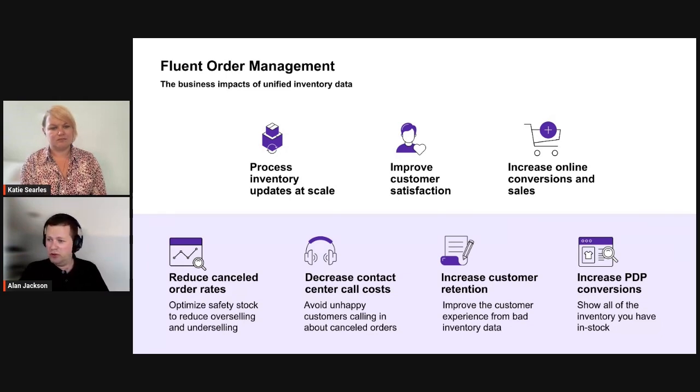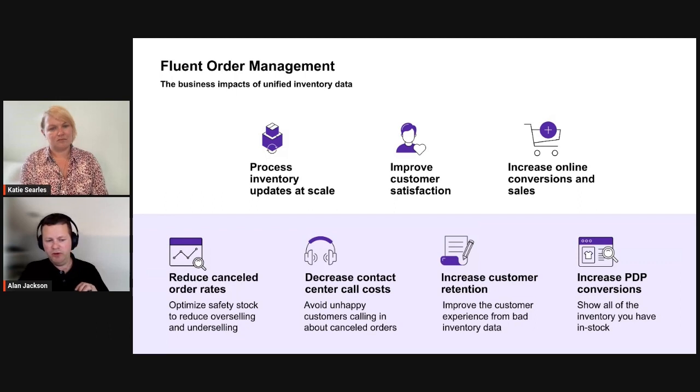So you've got to make sure that the ability to be able to return and exchange and all of those other downstream non-happy path situations for customers are done as well as they can be. But then you get all of the key metrics and kind of dollar and time benefits from making sure that inventory is centralized in this way.